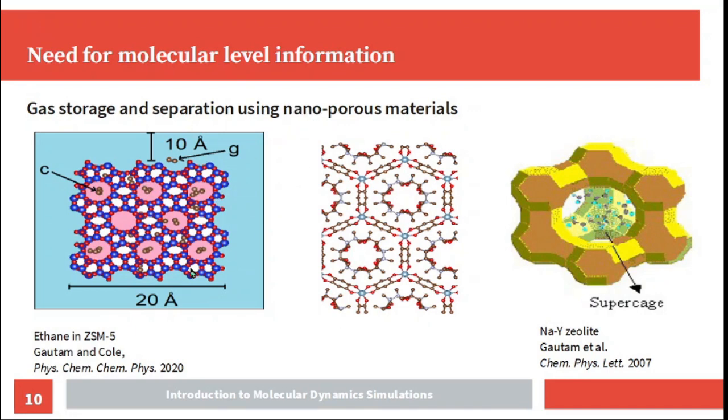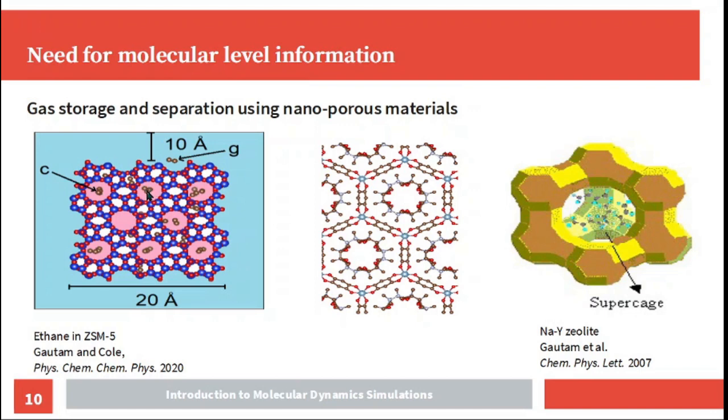So for example, here you can see a picture of ZSM5, which is a silicon dioxide material. You can see blue spheres here represent silicon and red spheres represent oxygen, and they are arranged in such a way that you have some porous space left, and some molecules can get trapped in these porous spaces.